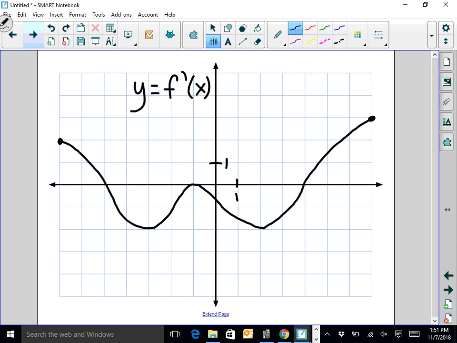Okay, so the first thing I like to do to prevent making any mistakes, since not all of the x values are labeled here, I'm going to go ahead and label all the x values, just so we don't make any dumb mistakes with that.